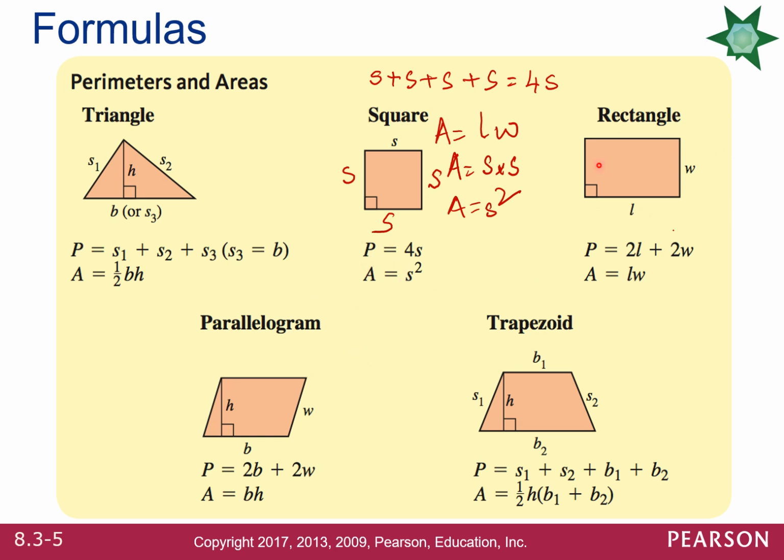Next we go to the rectangle. The rectangle has only opposite sides of the same length. So if this side is L, the opposite side will also be L, the length.